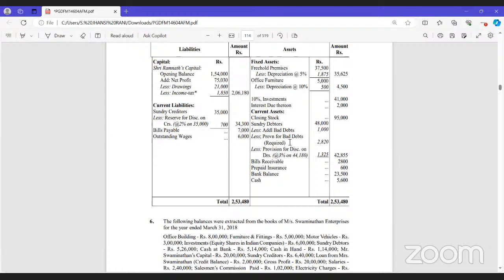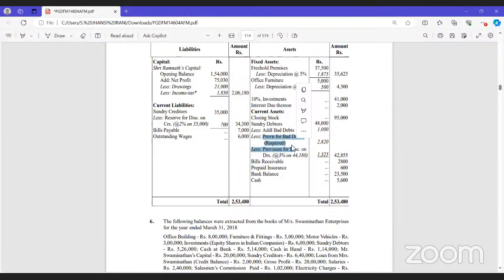In the balance sheet, we have only the other effect of the adjustments. So here we write the new provision, that is 47,000 into 6%, you will get 2,820.